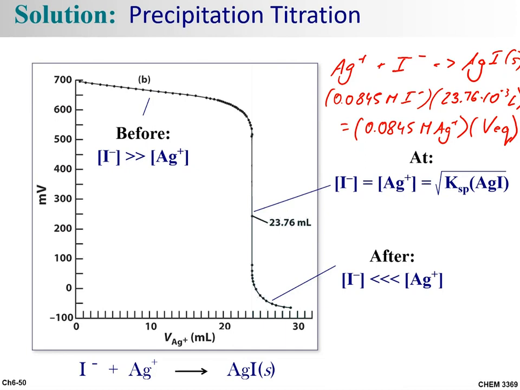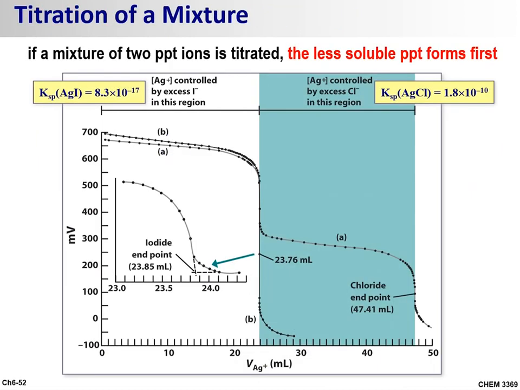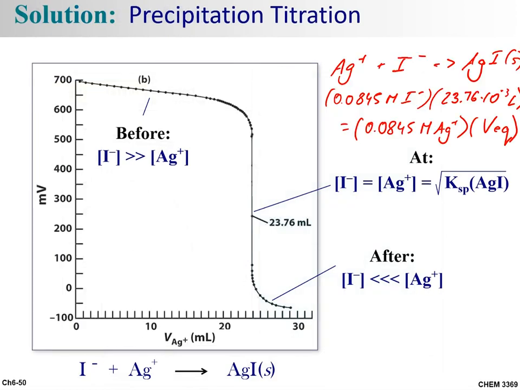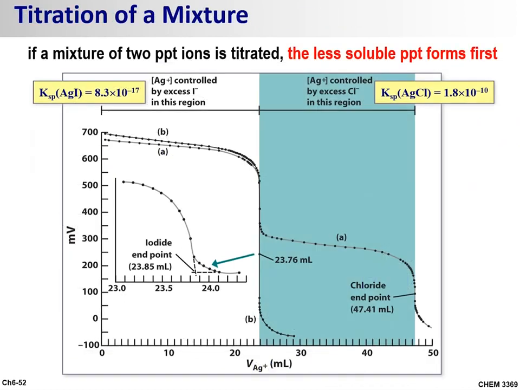Okay, so these are the relative concentrations. Okay, so that is the precipitation titration. And here we precipitated just one ion. But what if you have two ions in the solution? Let's say you have not only iodide in your solution, but you have also chloride, Cl- ions.